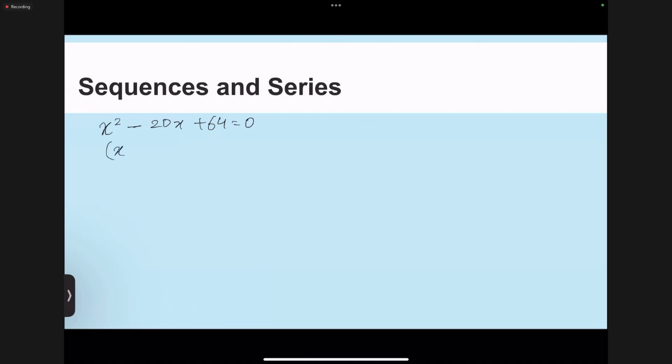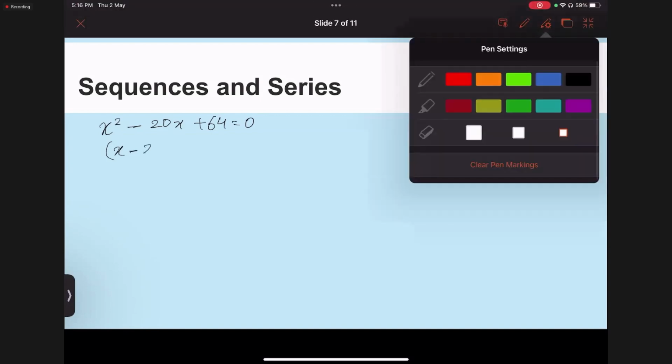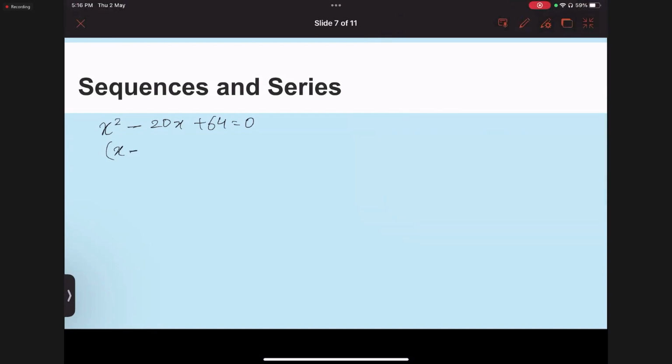Since this is minus 20, both have to be negative. So you have (x minus 16)(x minus 4) equals 0.